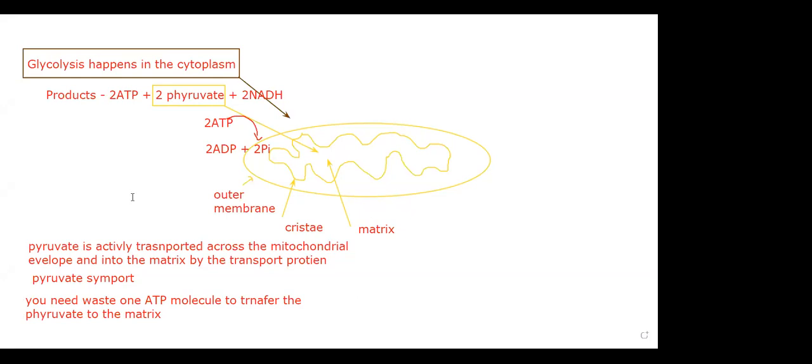Okay. So now we are moving to the process called link reaction. What is it? The link reaction. Before the Krebs cycle, there's a process called link reaction. So children, you write this down.